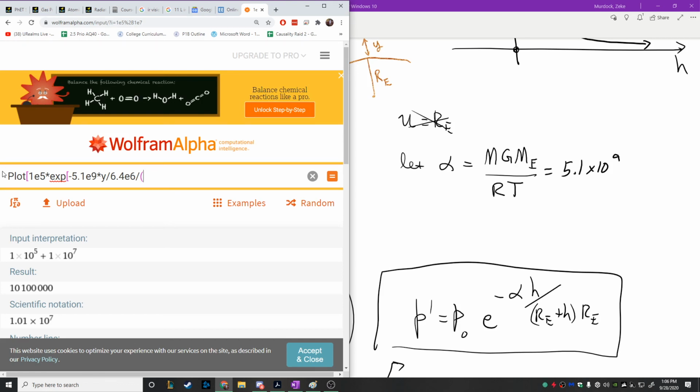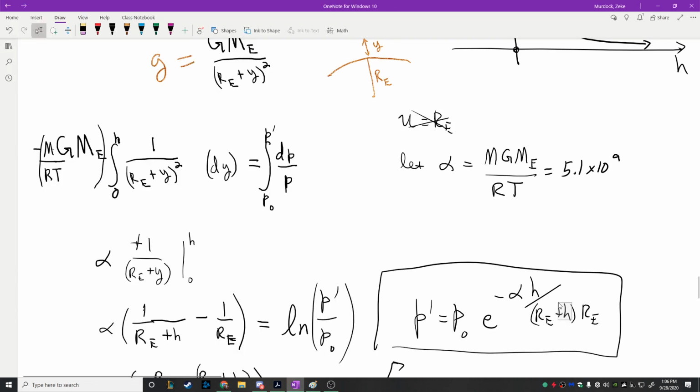So 6.4. The biggest thing here is that because the radius of the Earth is so extremely large, it's going to make it so that RE plus H is basically going to be equal to RE, is what I'm saying, you know?